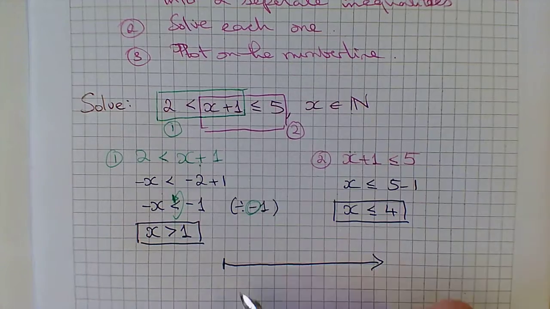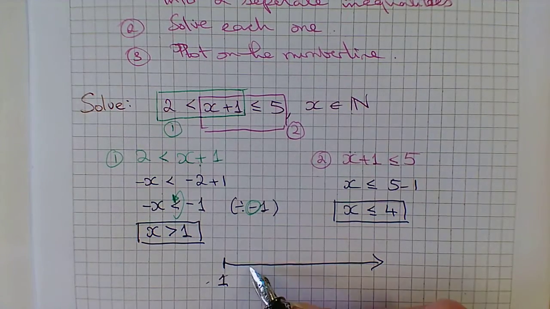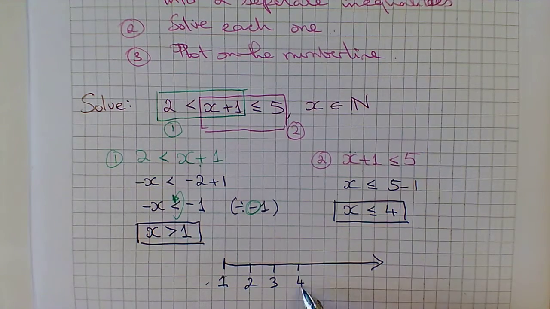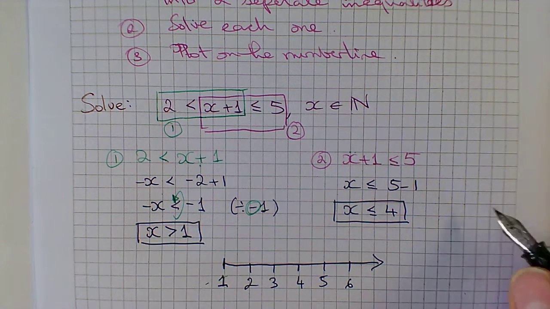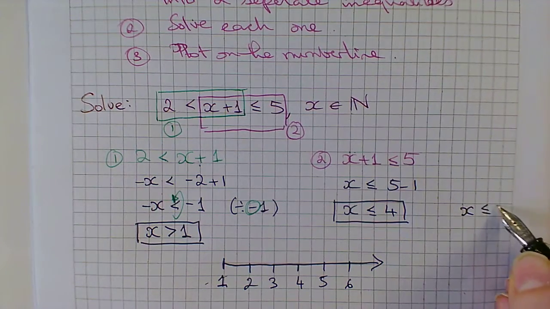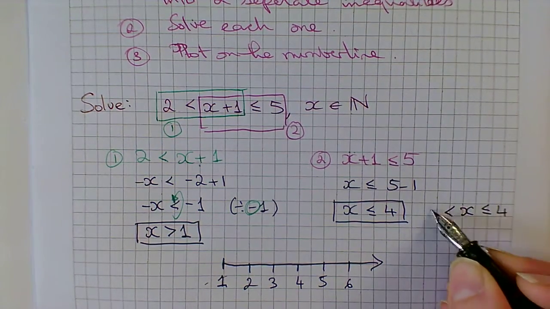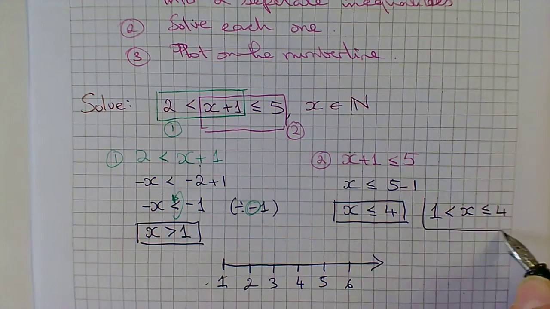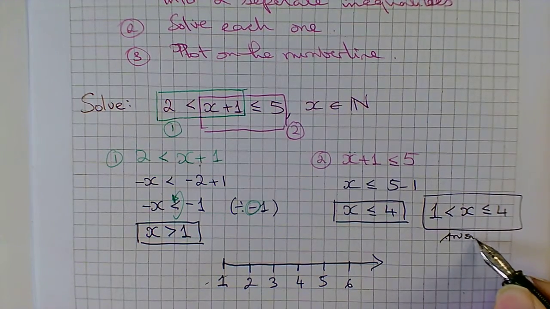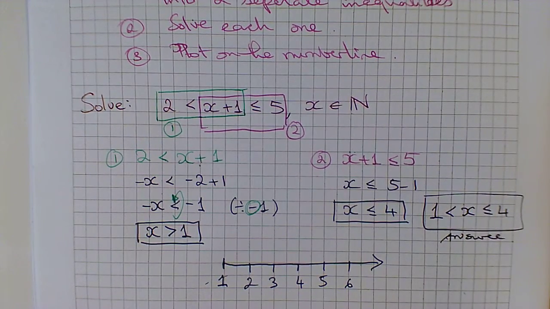These are natural numbers, so I don't include 0 or any negative numbers. 1, 2, 3, 4, 5, 6. So plotting this on the number line. Oh, I never put them back together. So x is bigger than 1 and less than or equal to 4. X is between 1 and 4.